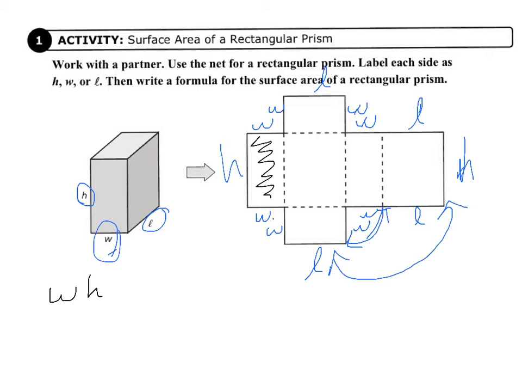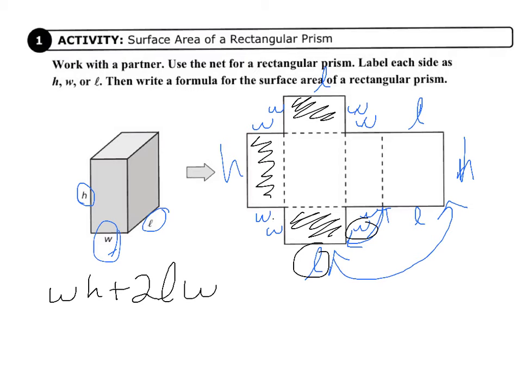Width times height. And we're going to add that to our next area, which is going to be the sides here, which are the same. So there's two of those, so we're going to put a 2 there. And that's length times width to get the area of that rectangle, because it's got a length here and a width here. So length times width.